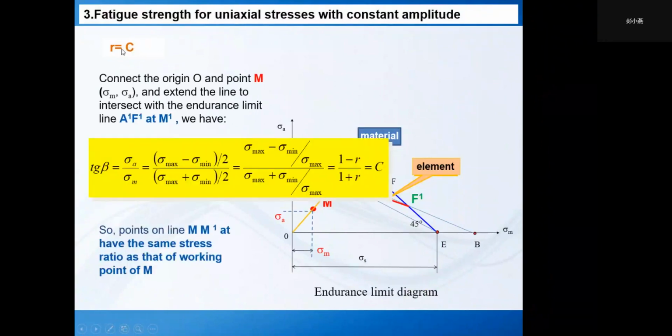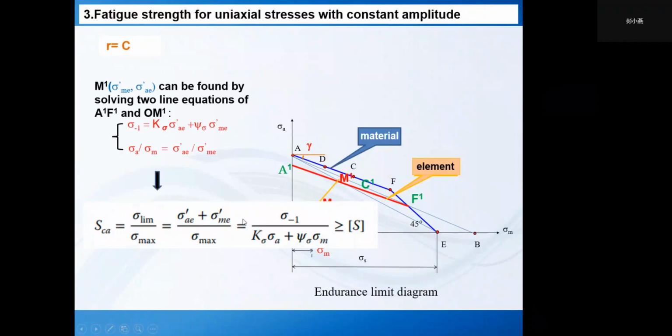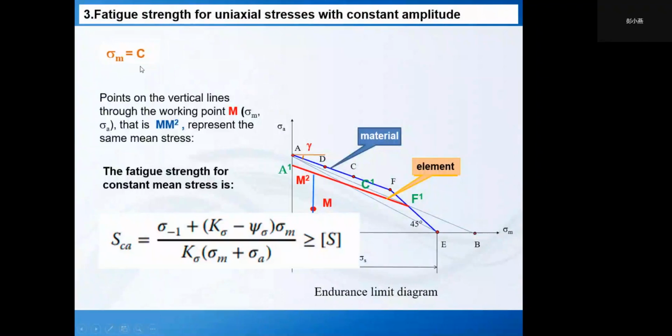If R is constant, we use this to calculate the safety factor, and the calculated safety factor should be larger than the allowable safety factor. This is for the element with infinite life. If the element is under finite life, we should use sigma -1 n instead of sigma -1. And this is for when the mean stress is constant.